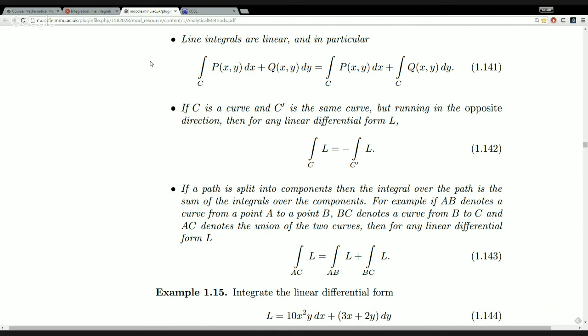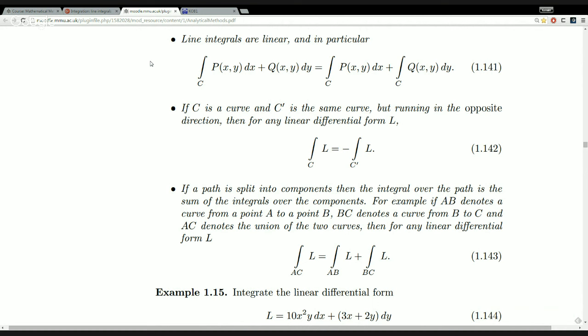Okay, so let's look at another example then, example 1.15. You'll notice here that we're using the same linear differential as before.